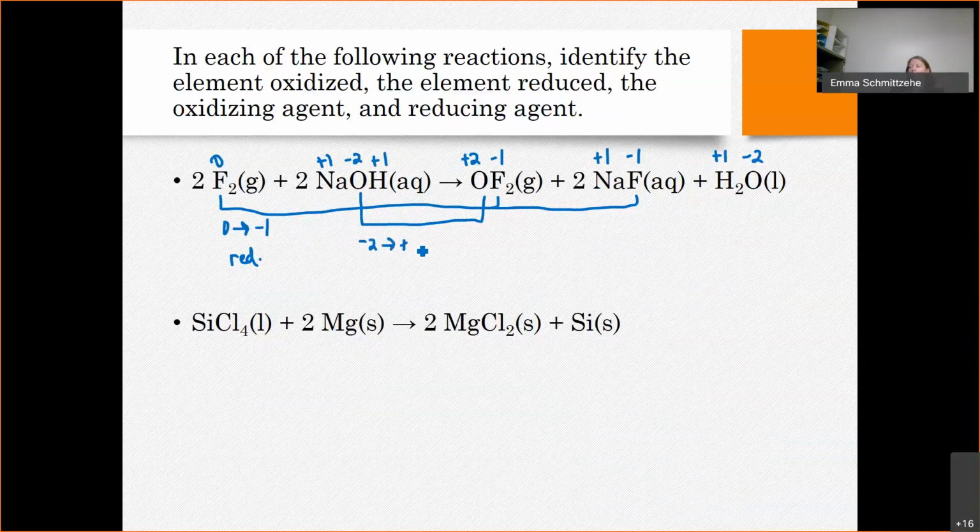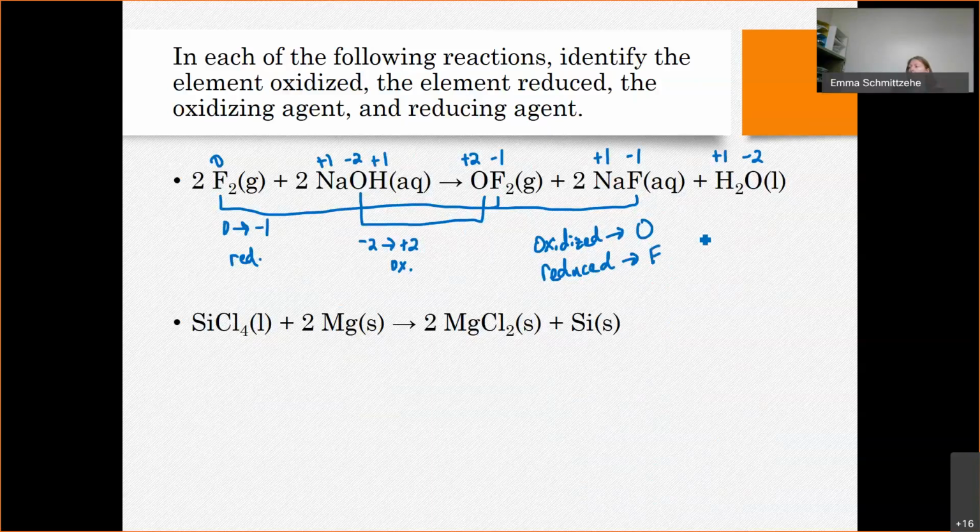So remember, there always have to be at least 2 changes occurring. We have this increase, so that's our oxidation. So what's oxidized must be my oxygen in this case, and what's reduced must be my fluorine.